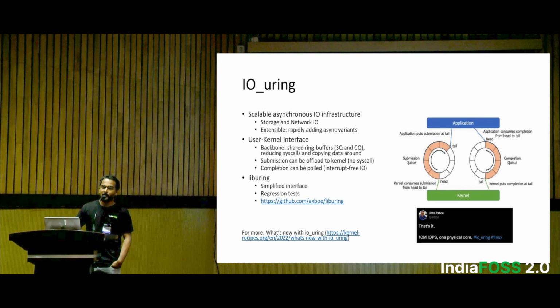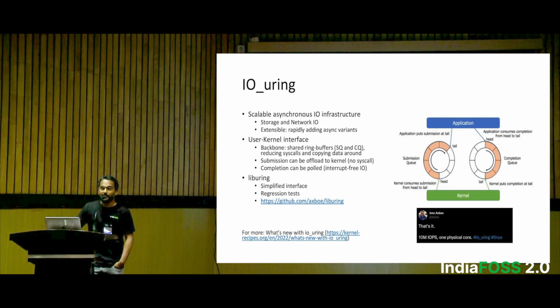This also made use of shared buffers, wherein kernel and user could have a common buffer between the application and kernel. With this, Jens was recently able to achieve 10 million IOPS with a single core.